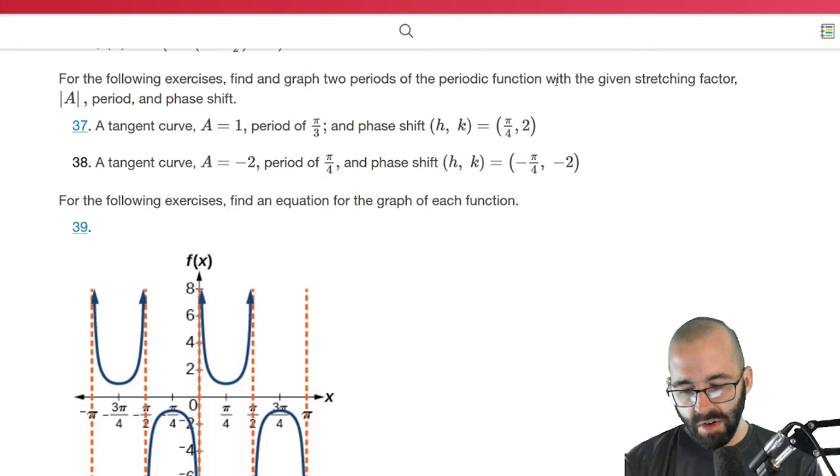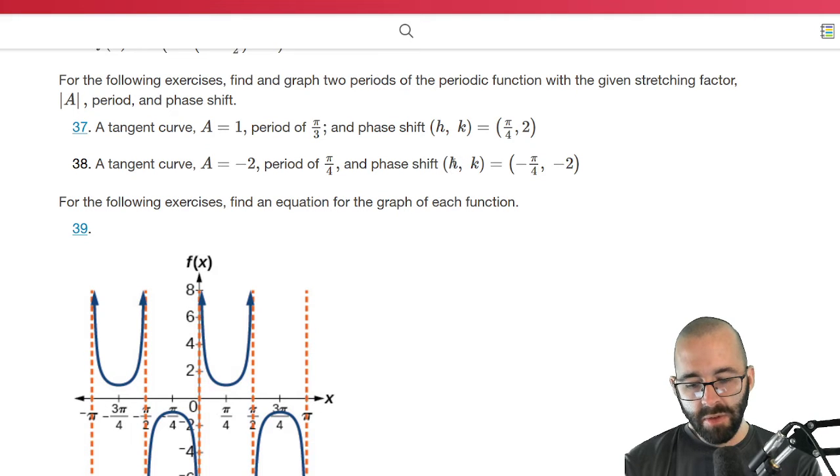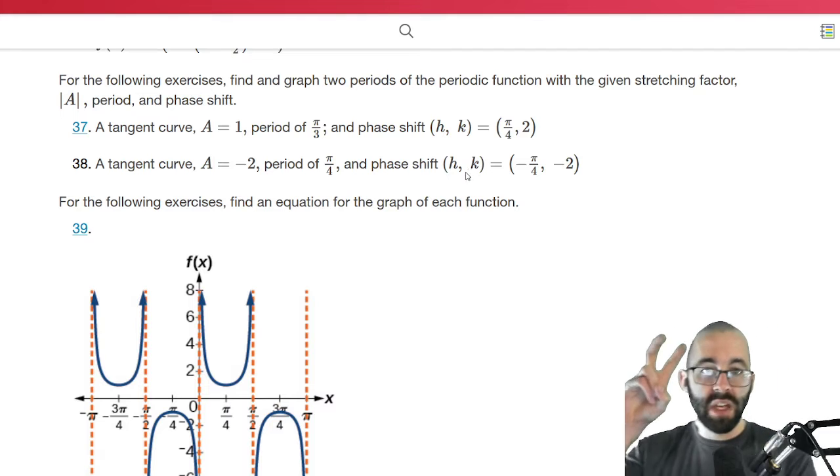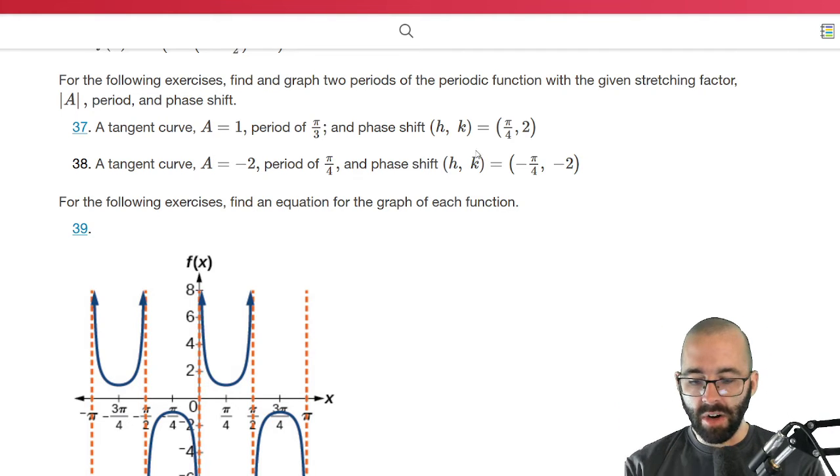All right, we need to find and graph 2 periods of the periodic function with this information in mind. All right, so this is giving us the horizontal shift. I haven't really mentioned it before. The horizontal shift and the vertical shift. This tells us like the middle, the start of our graph.